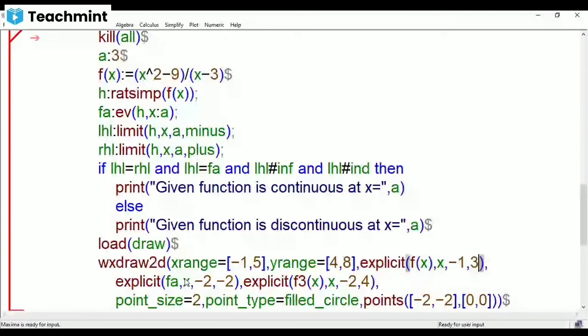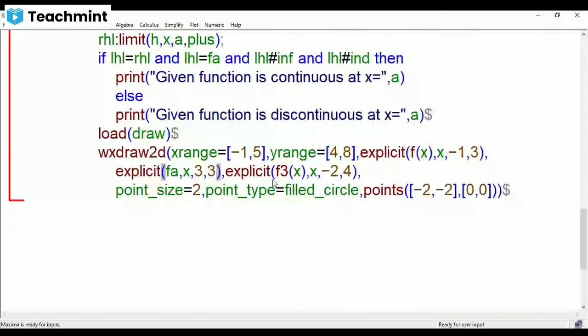And FA is 3 to 3, because at that point we are finding the limit. And for the right hand limit, f of x itself, from 3 to 5.